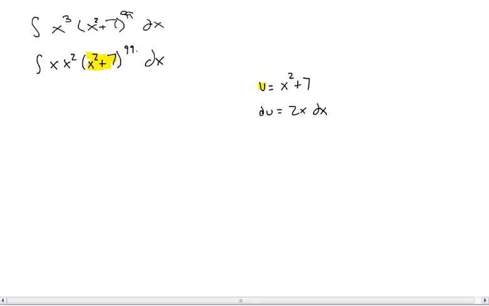And then here we have x in the integral, and we have a 2x here. So I'm going to do 1/2 du is equal to x dx. So the next substitution that we have is x dx is equal to 1/2 du.